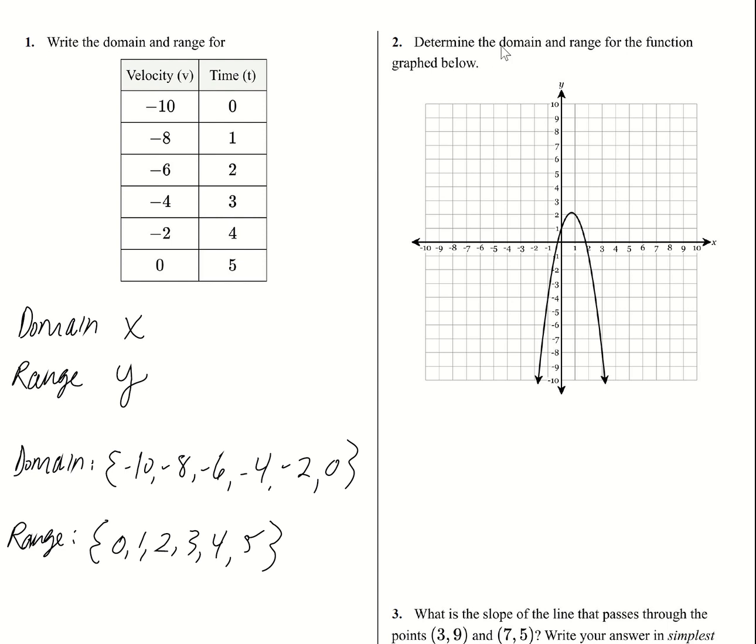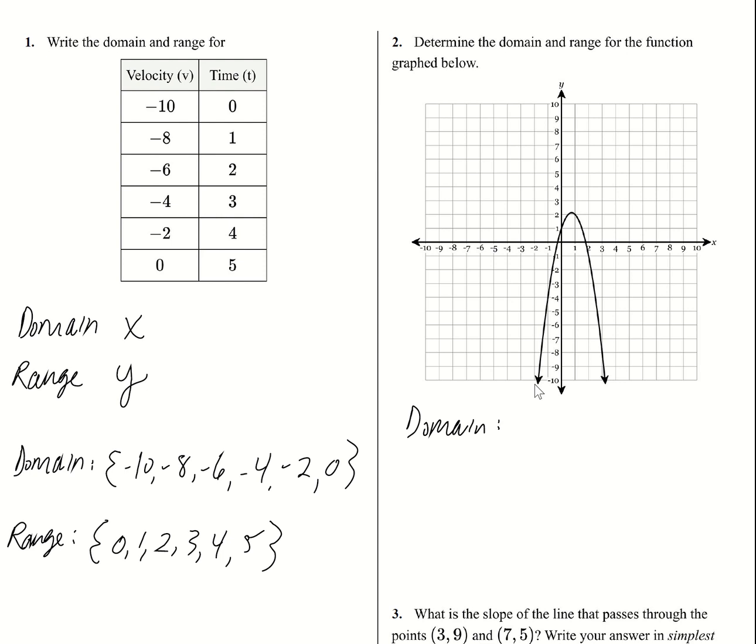So number 2, they're asking about the domain and range for a function that's graphed. Now, for the domain, remember you're going from furthest left to furthest right. And I think we would all agree that this is getting wider and wider as we go in the x direction, because domain is only looking at x.